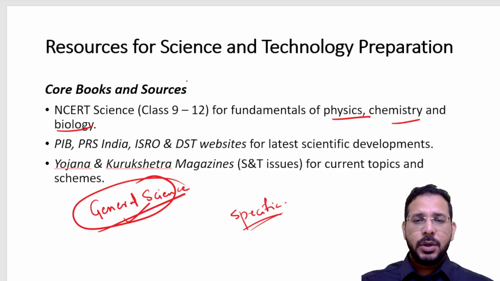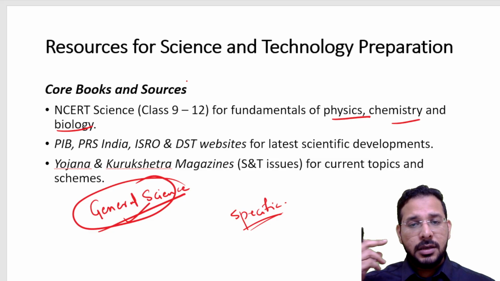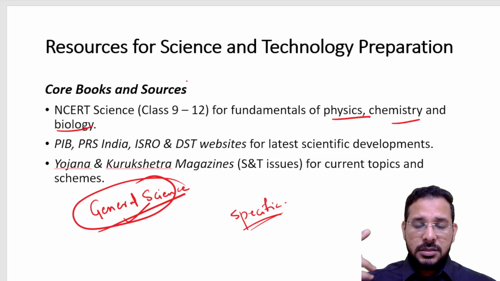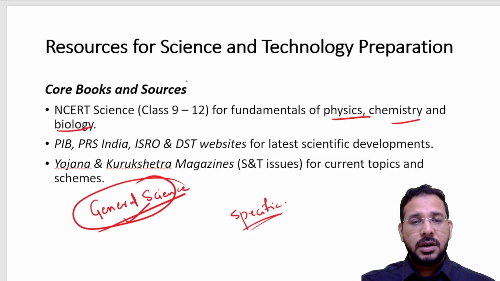So basics of biology, what is cell division, mitosis, meiosis, etc. you have to study. Then you study different organs like the digestive system, nervous system. Then we have the structure of the eye, ear, etc. Then the structure of the brain and what the different parts are associated with.